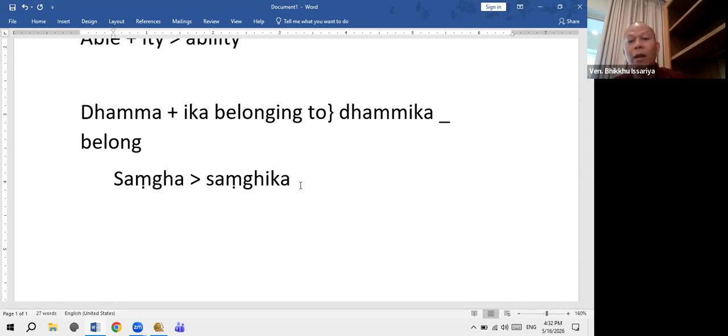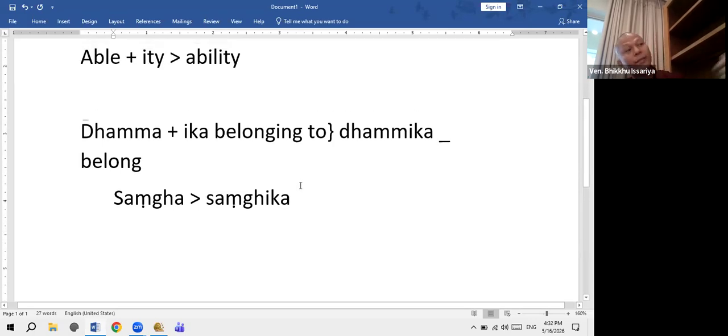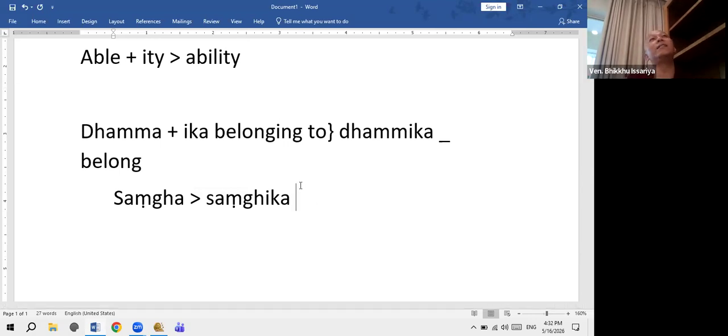So now, here are two words, Dhammika as well as Sangika. Sangika means belonging to the Sangha. Maybe the word Sangika all of you will be familiar with. Actually, Sangika refers to property or things.